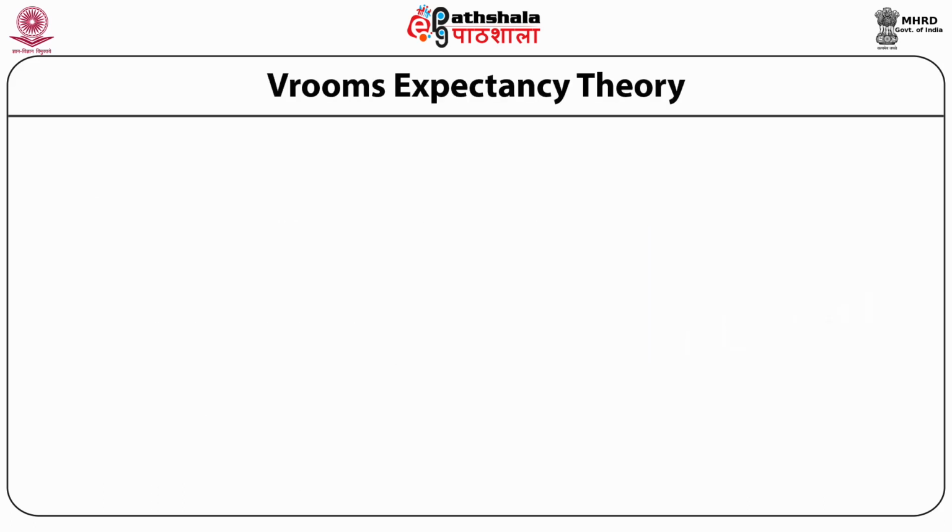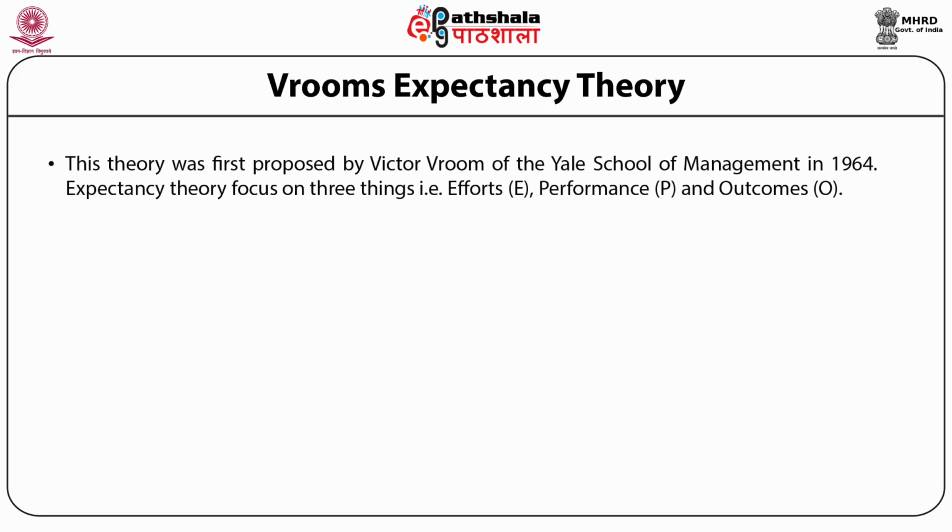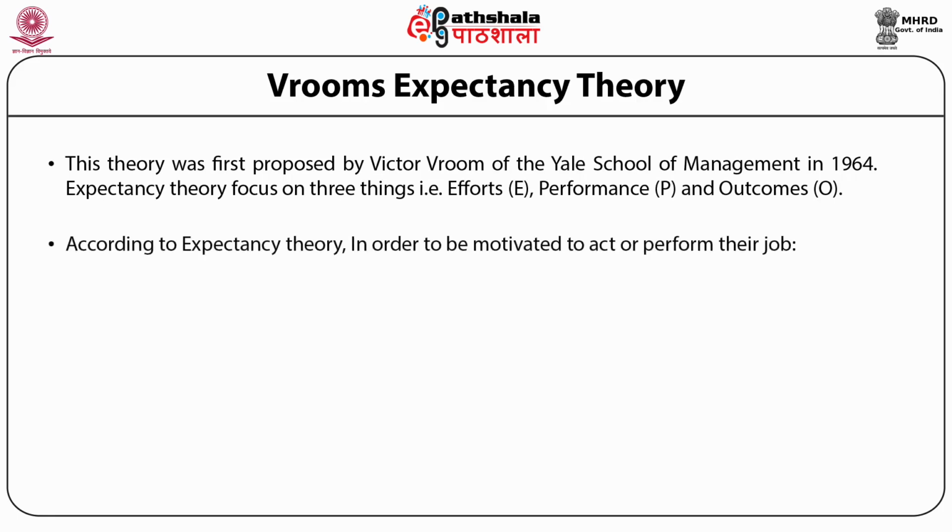Next is Vroom's expectancy theory. It was developed by Victor Vroom in 1964. This theory focused on three things: effort, performance, and outcomes. According to this theory, the motivation process depends on the individual, and it is not a very simple task.